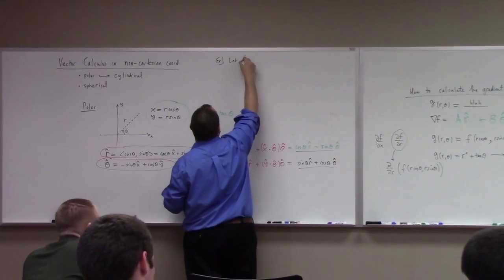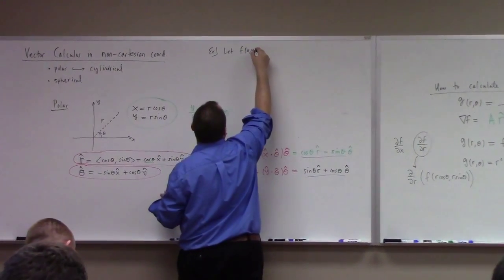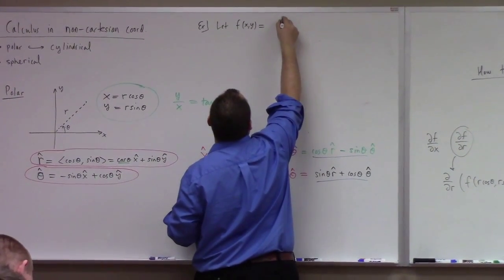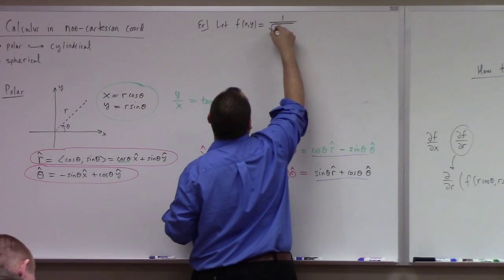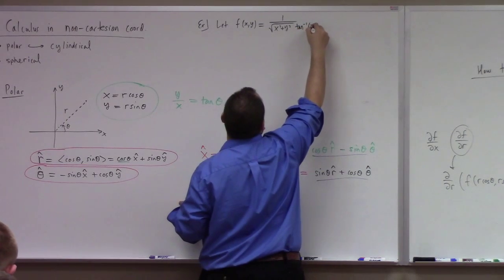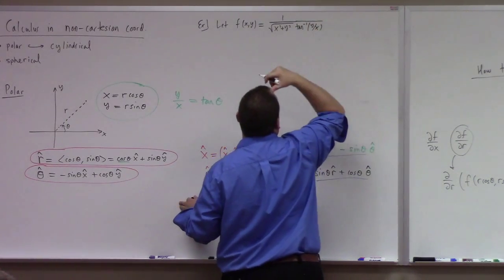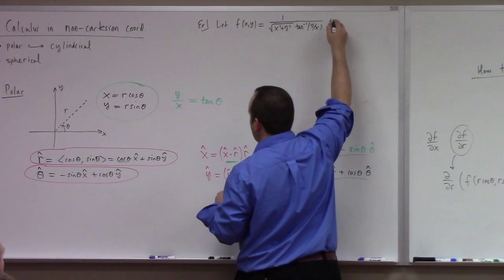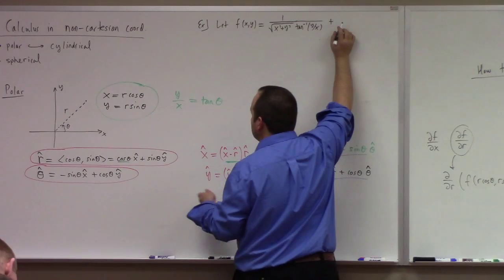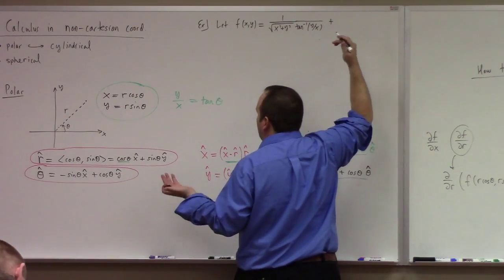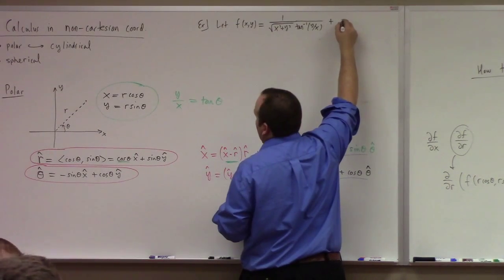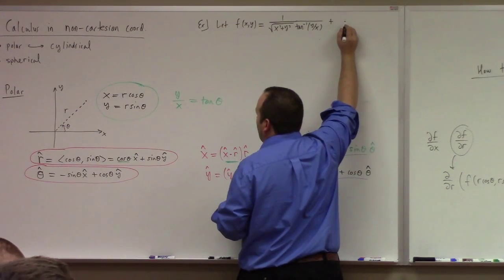Let f of x, y equal 1 over the square root of x squared plus y squared times the inverse tangent of y over x plus, gee, I don't know, sorry, I'm thinking.